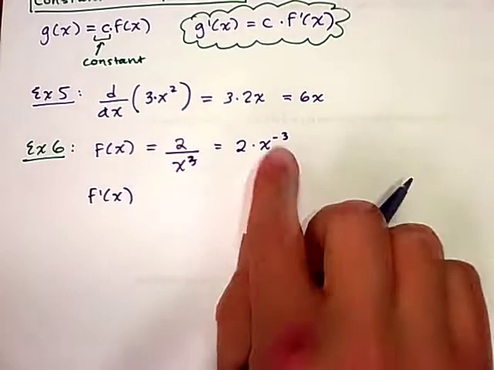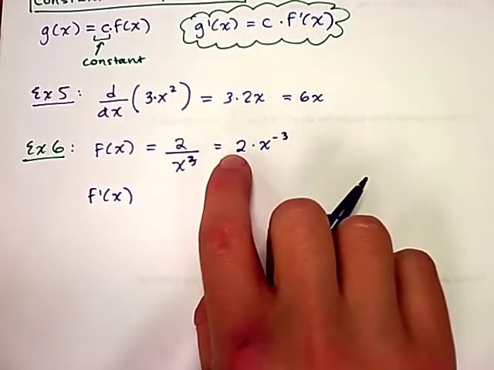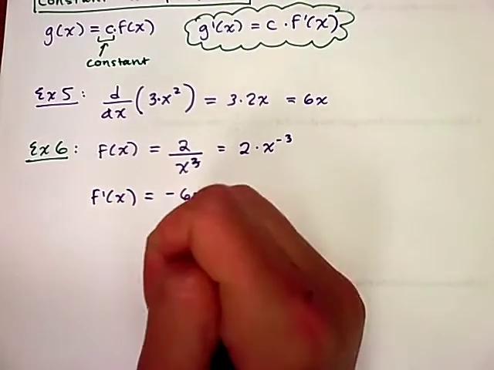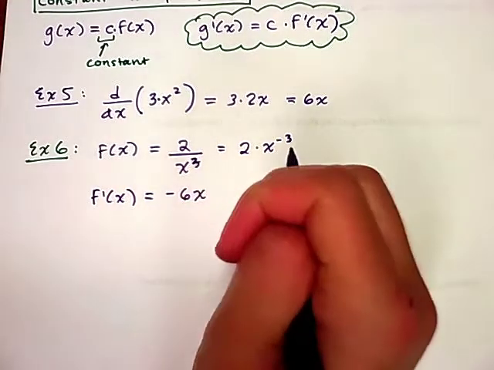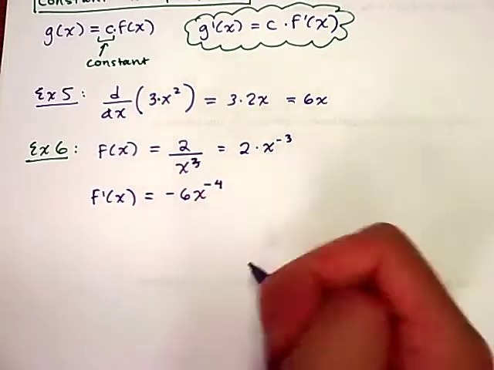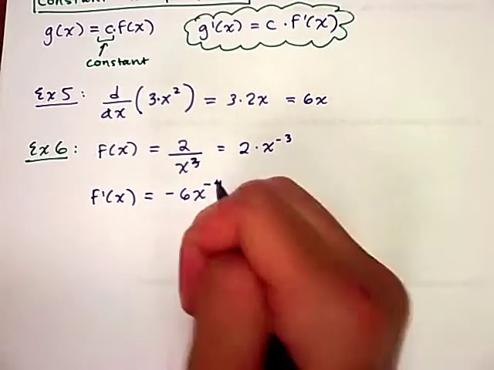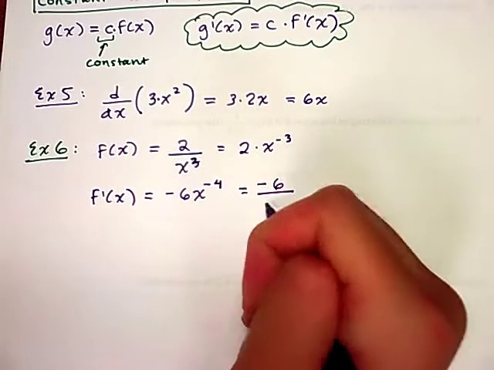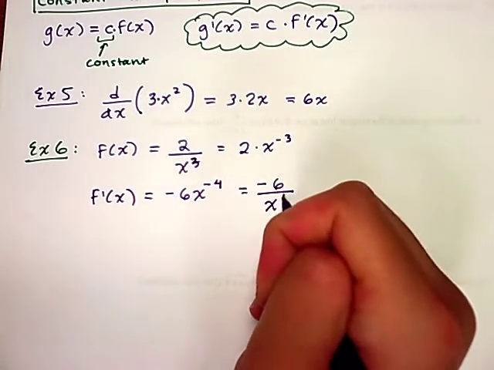So now I can see I need to bring the -3 out front. So it's going to be 2 times -3, which is -6, times x to, what's my new power? It's -3 minus 1, so it's -4. And then I could also rewrite that so that I move my exponent to the denominator, and that would look like -6 over x to the 4th.